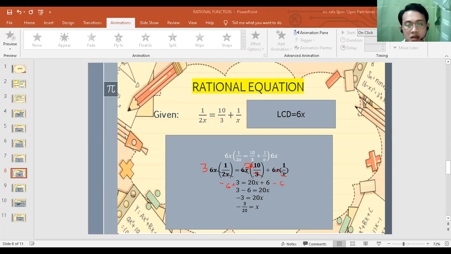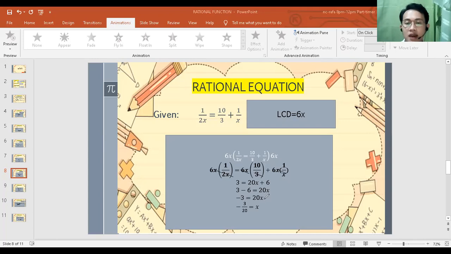So that's just equals negative 6x plus 3 is equal to 3 minus x. Okay, so as you can see there, we can cancel out because 6 minus 6 is 0, right? So the remaining expression here is shown below. 3 minus 6 is equal to 20x. And then 3 minus 6 is equal to negative 3.